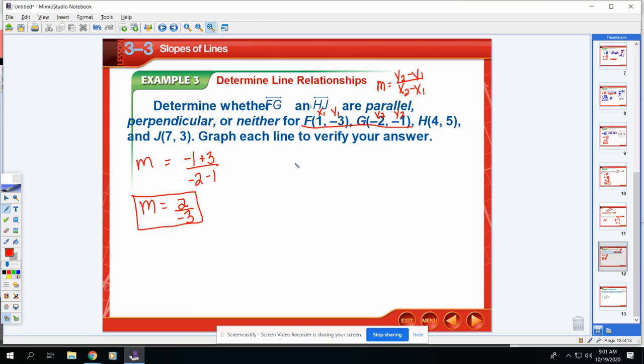Now we need to find the slope for HJ. So H is 4, 5, which is going to be our X1, Y1, and J is 7, 3, X2, Y2. So here we are going to say Y2 minus Y1, so Y2 is 3, minus Y1, which is 5. 3 minus 5.